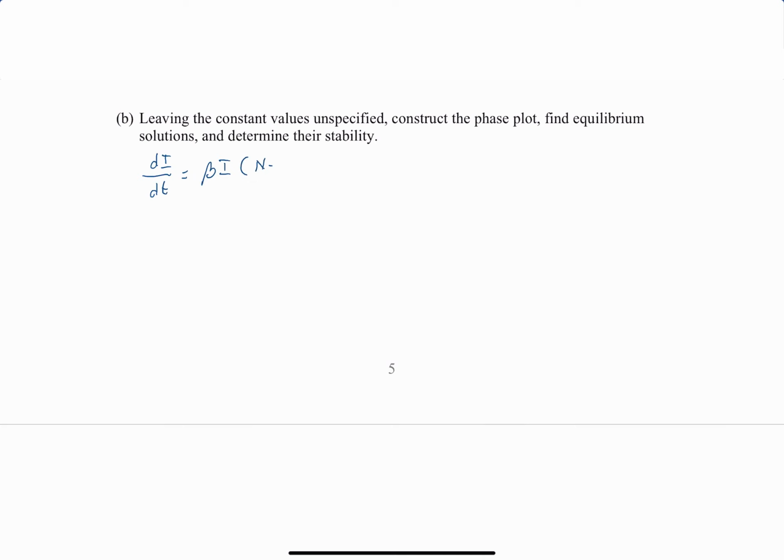So we're back to just having beta I and minus I minus mu times I. There's no way to enter a formula like this in GeoGebra, or really any grapher, without specifying values for the constants. But the good news is we can use what we already did in GeoGebra to get a phase plot even for this situation. So let me show you how to do that.